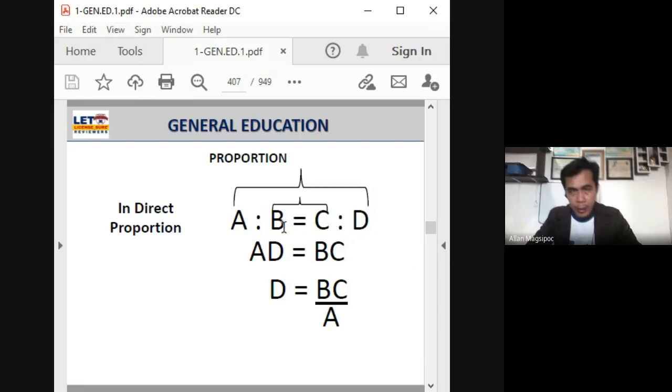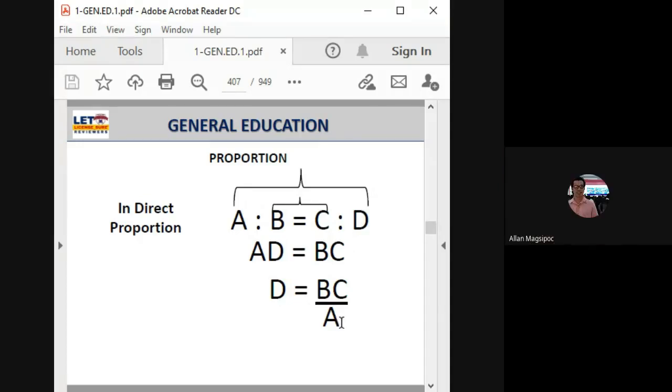Itong inner naman, they're called means. So, A is to B is equal to C is to D is the same thing as A times D is equal to B times C. I hope you got that, I will proceed slowly. So therefore, D is equal to B times C divided by A.